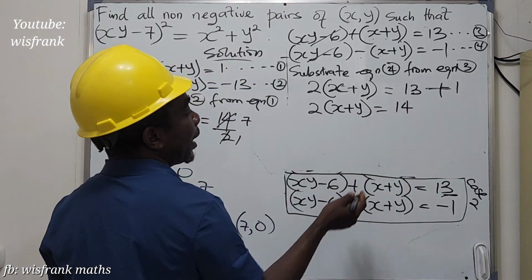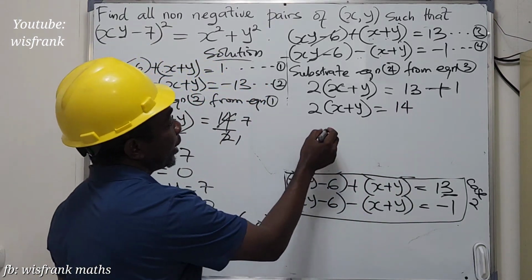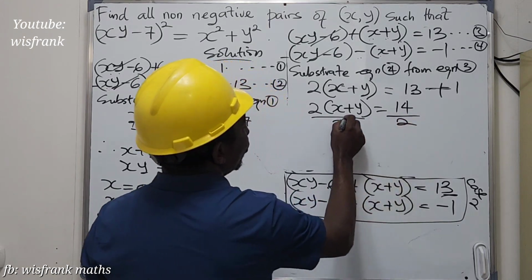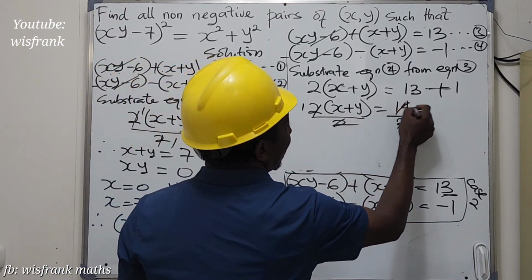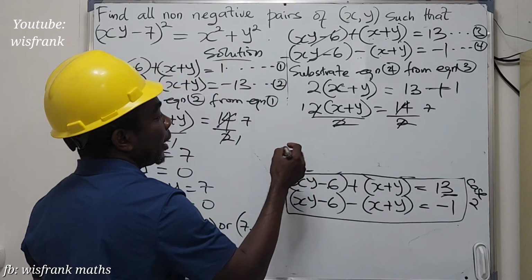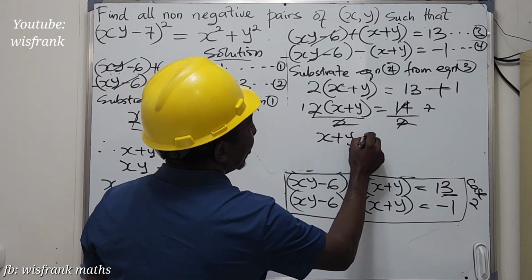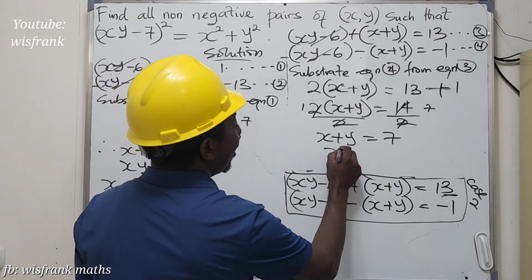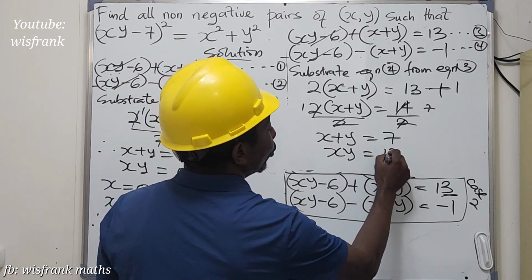We can divide both sides by 2. So we have divide by 2 and divide by 2. 2 cancels here and 2 cancels here, and we have 7. So here, our x plus y will be equal to 7. For further simplification, we have xy equal to 12.